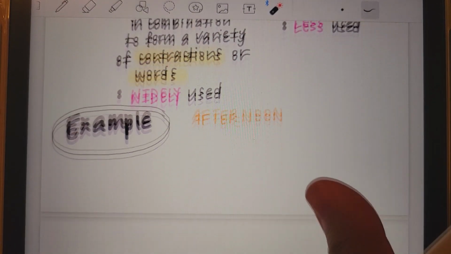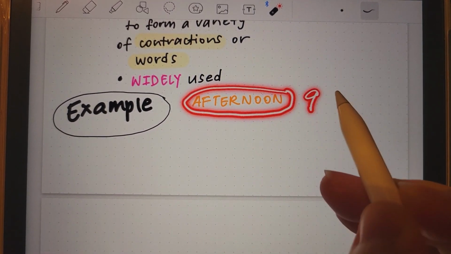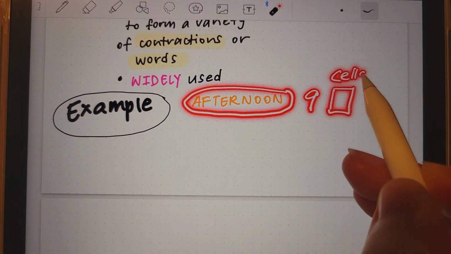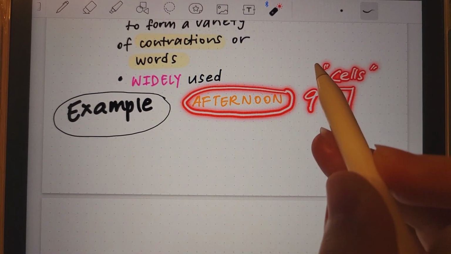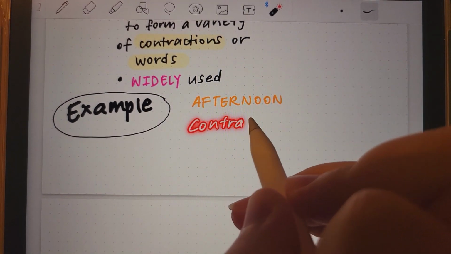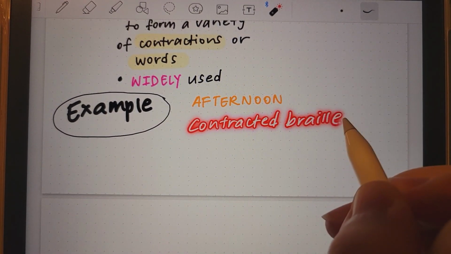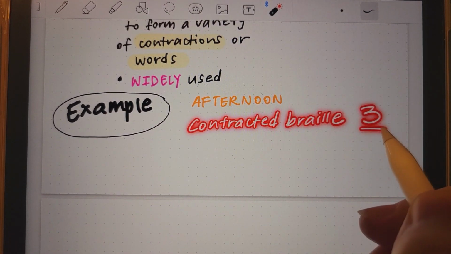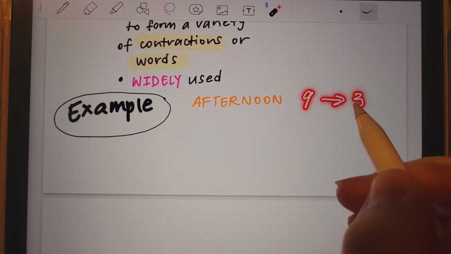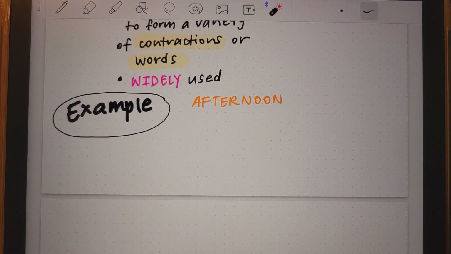So you would have 9 cells in whichever combination of the 6 dots in there. But for contracted Braille, we would have instead 3 cells, and how it goes from 9 to 3 is due to that contraction.